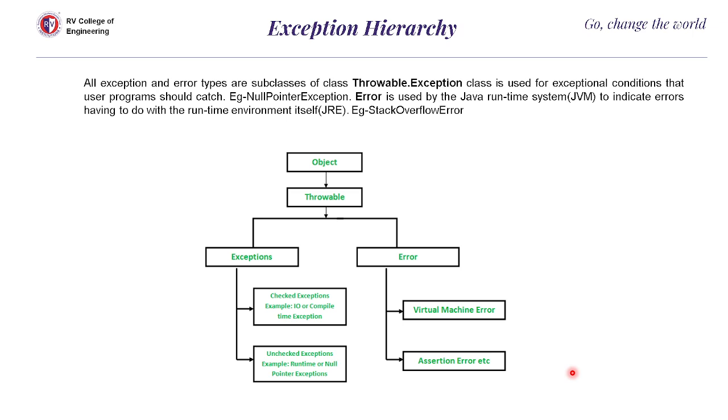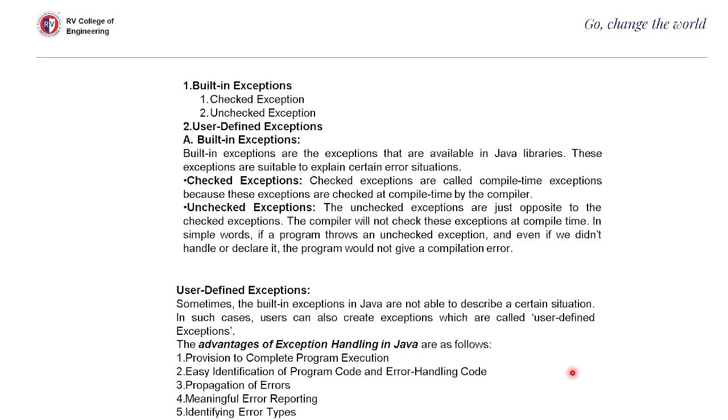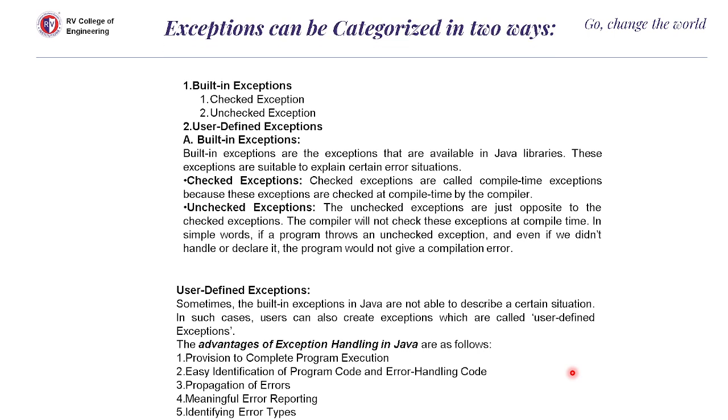Example, IO exception or compile time exception, and unchecked exception in the sense of runtime exception. Error we have already discussed: error means an irrecoverable condition, a virtual machine error. Then these things we have already discussed: built-in exception, checked exception, unchecked exception, then user-defined exception.